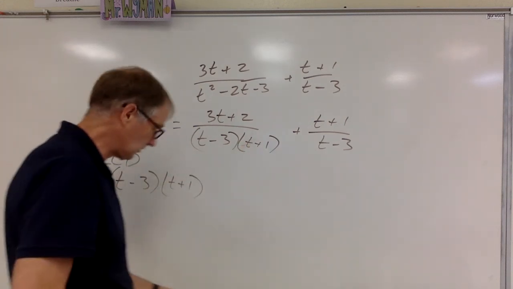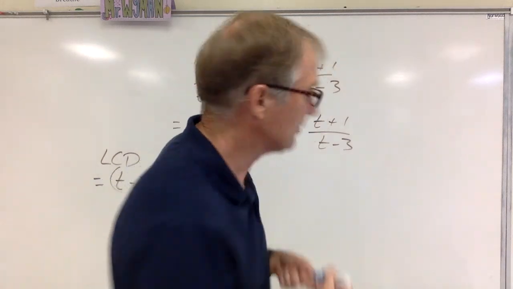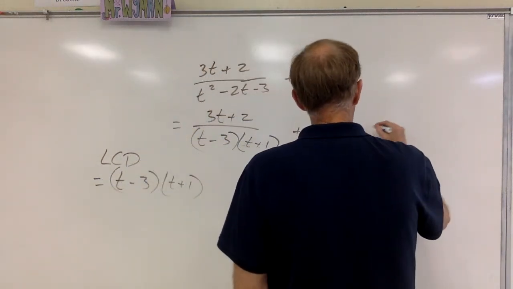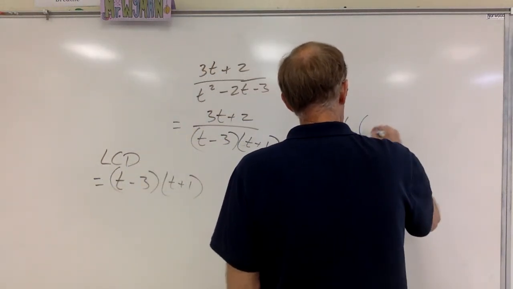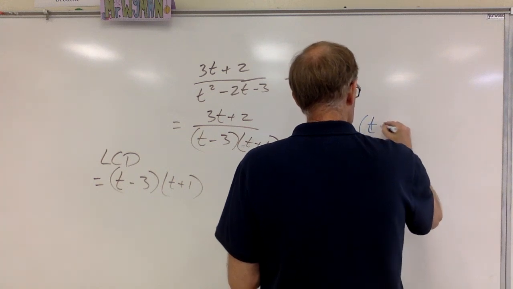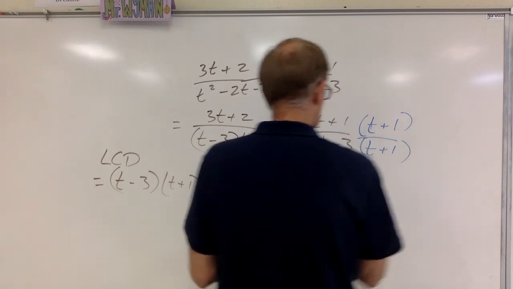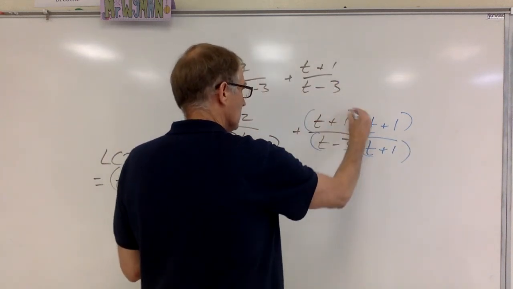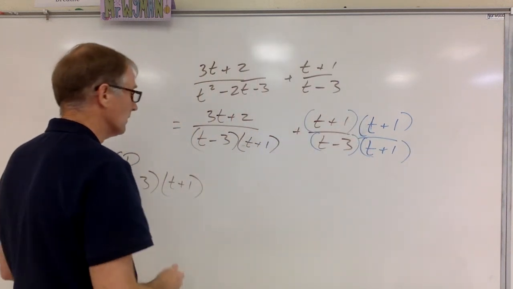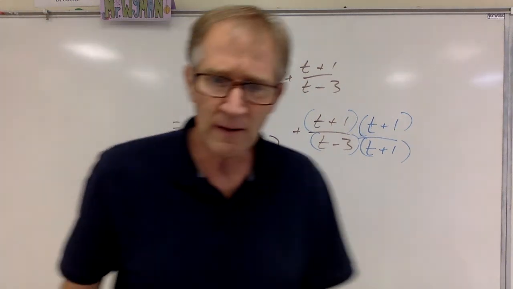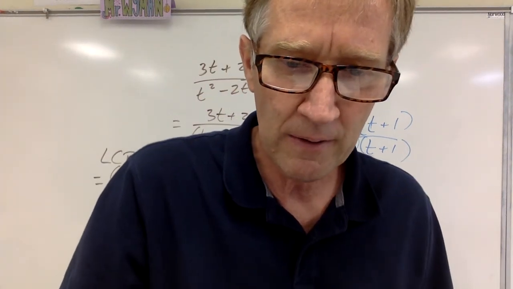Okay, so what we need to do here is multiply this by t plus 1 over t plus 1 to get the common denominator. Unfortunately, I'm going to have to stop this, and I'll pick it up on the next video.